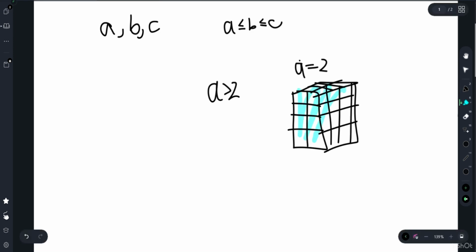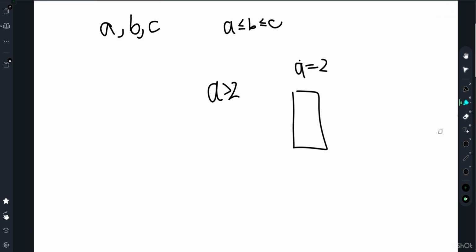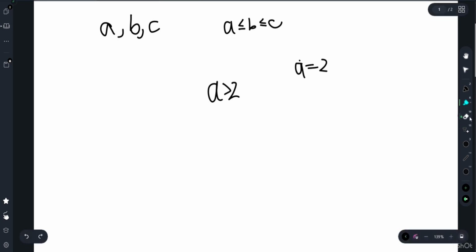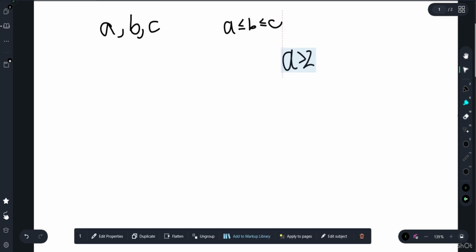All of these are going to be painted, and similarly for A equals 1. So A is always greater than 2. Now let's move this to the side.